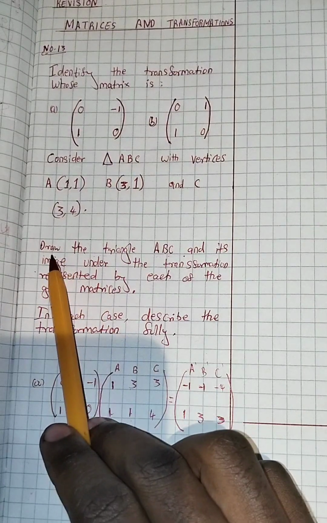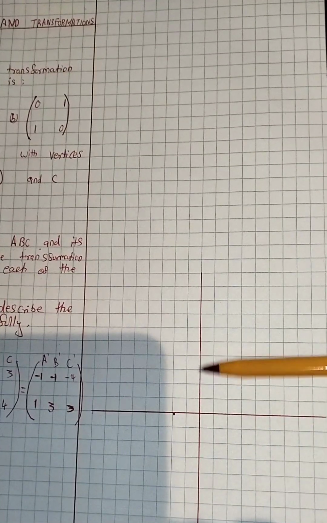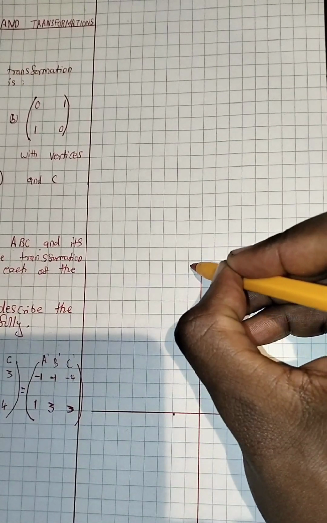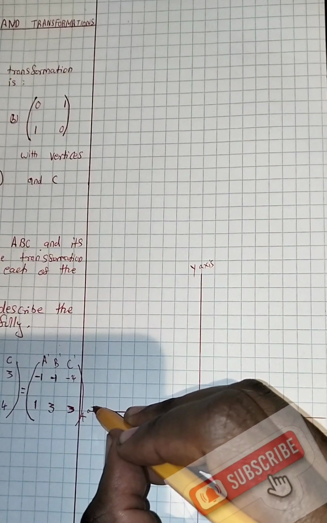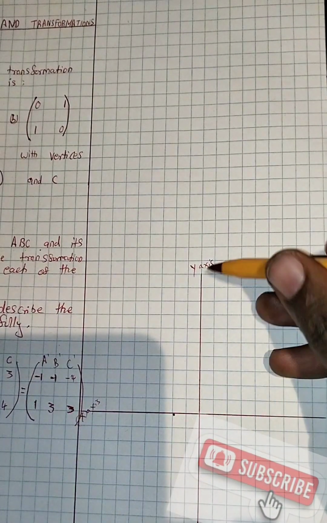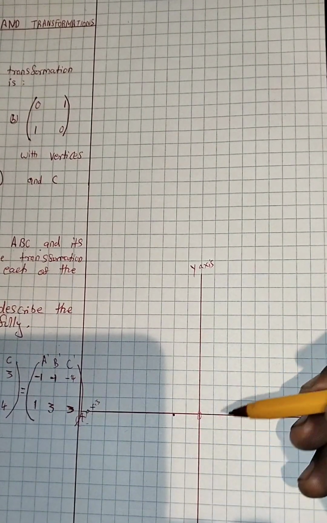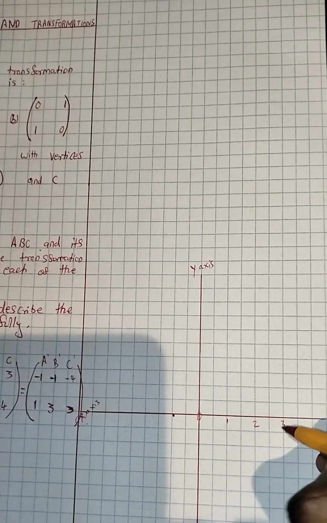But remember, we were told here to draw the triangle. So if I take a graph of it like this, I can remind myself by saying that this is the y-axis, and this is the x-axis, learner. Y-axis, x-axis. This is 0. Let me take every 2 boxes to represent 1. So I say 1, 2, 3, 4.